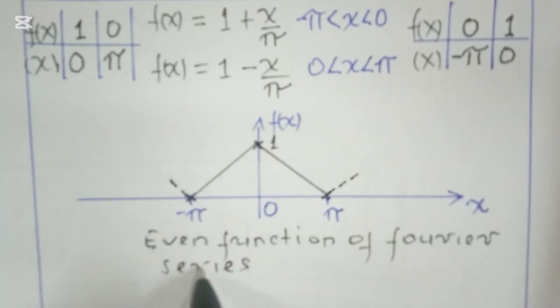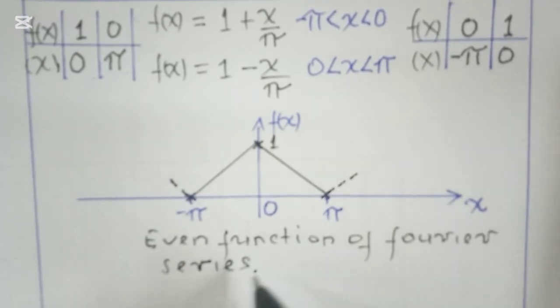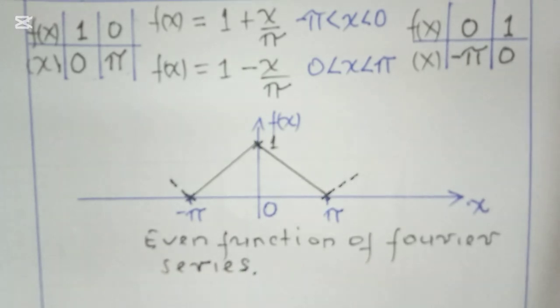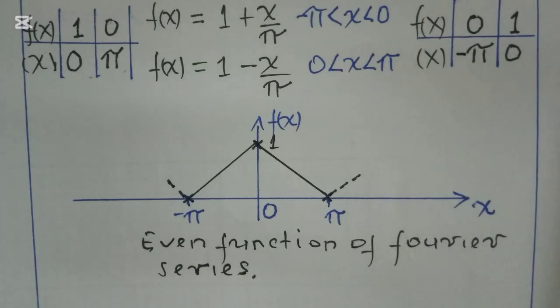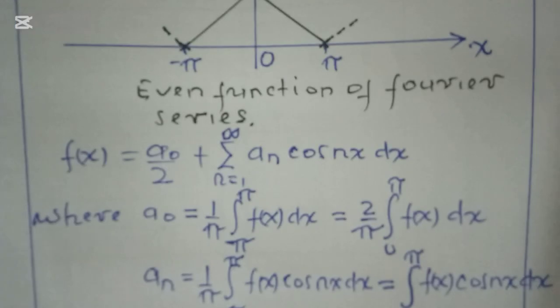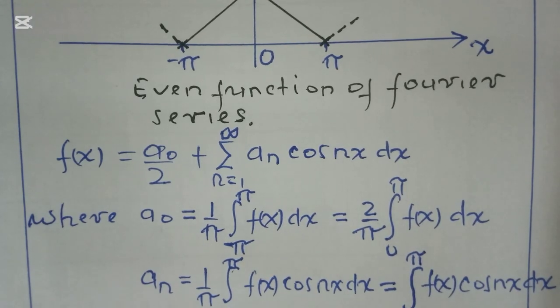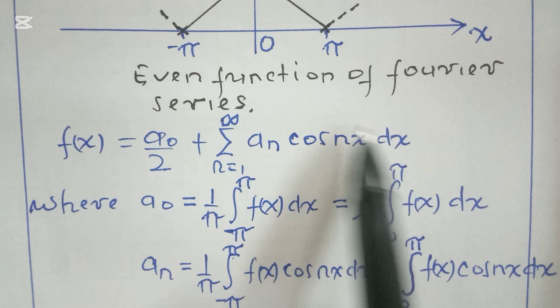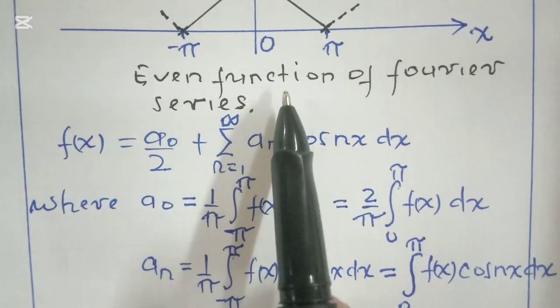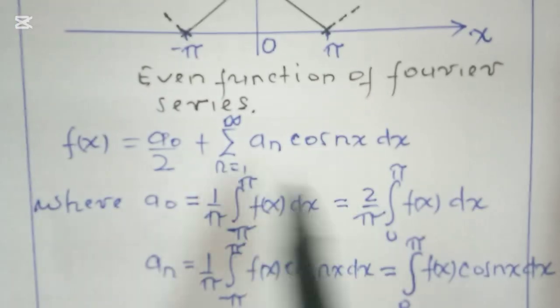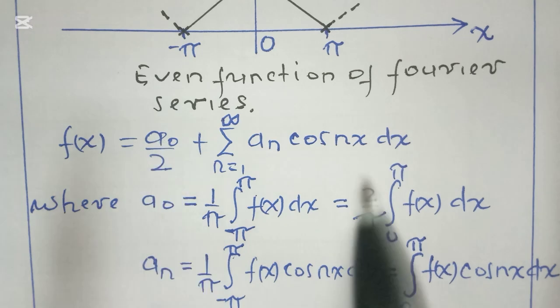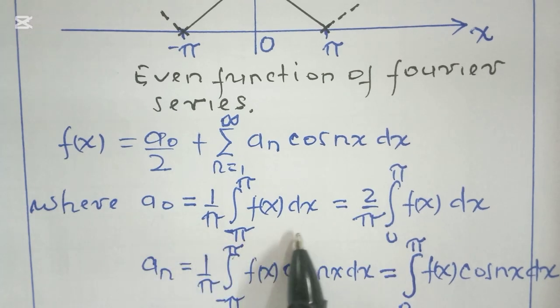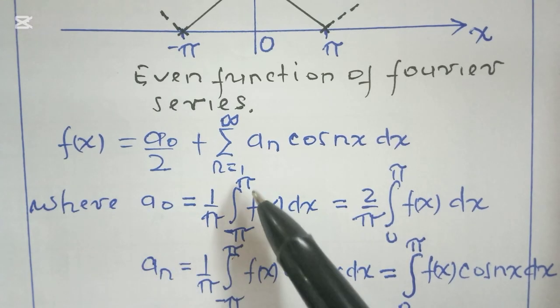And guys, the equations for this are shown here. The first one is the series, the series for the even function. In this series, we have a0, which is defined by that, from negative pi to pi.